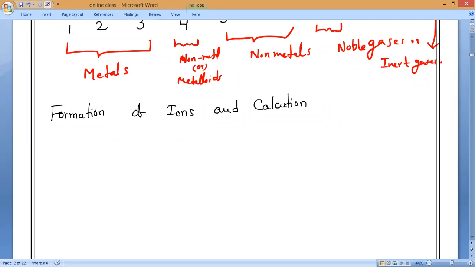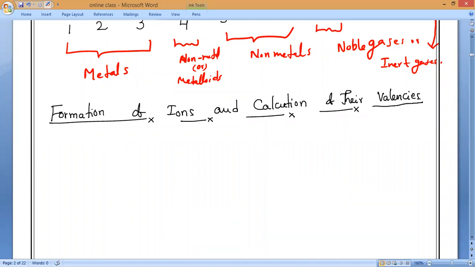Formation of ions and calculation of their valencies.